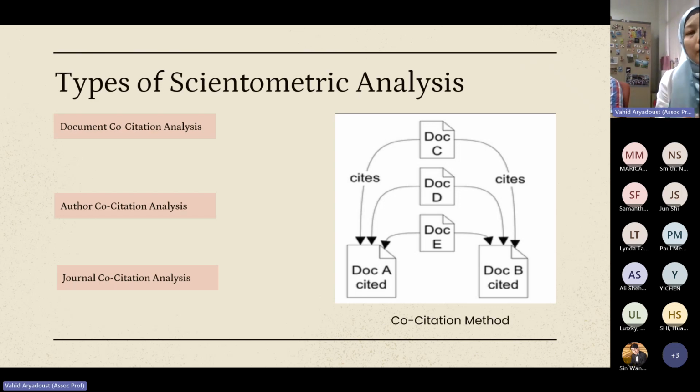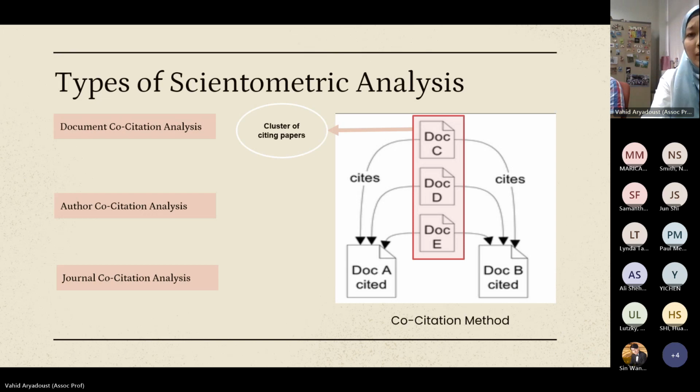There are a few more, but these are the main types: the document co-citation analysis, author co-citation analysis, and journal co-citation analysis. But at the core of it is the idea of the co-citation method, where we have citing documents here that can be clustered together based on what they cite, and using computational methods also map out how these cited documents are related to each other.